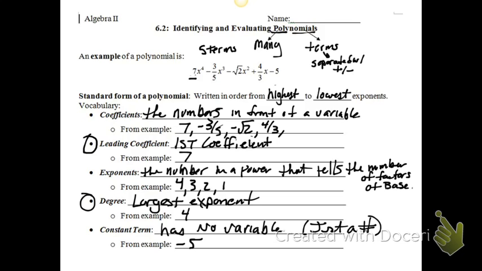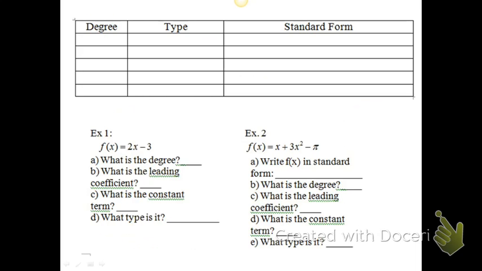Let's go to the next slide, which we're going to talk about a couple key types of polynomials you need to know. And they're all based on the degree, which is, of course, the highest exponent. If you have a degree 0 polynomial, we call that a constant polynomial. And I'm going to give you some examples in standard form.